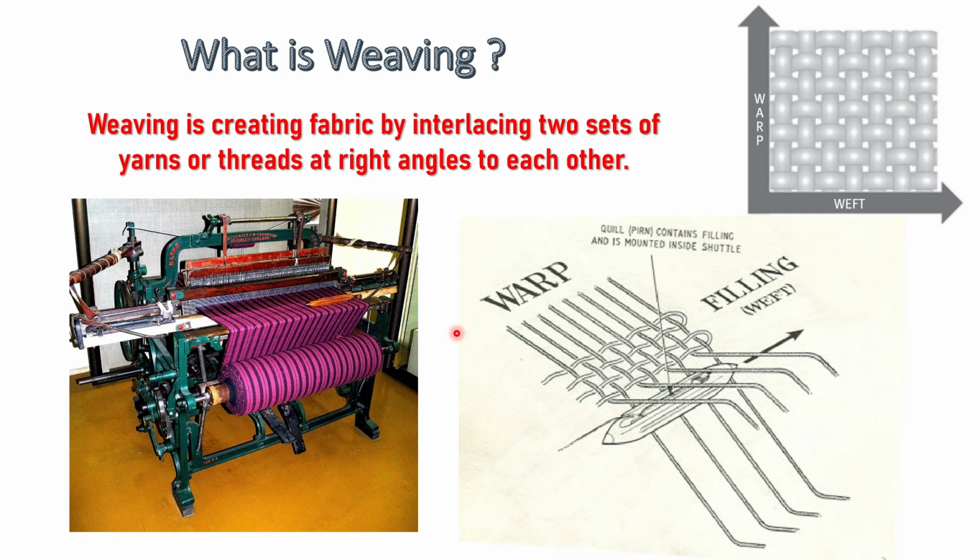In weaving, the lengthwise yarn is called the warp yarn and the crosswise yarn is called the weft yarn.